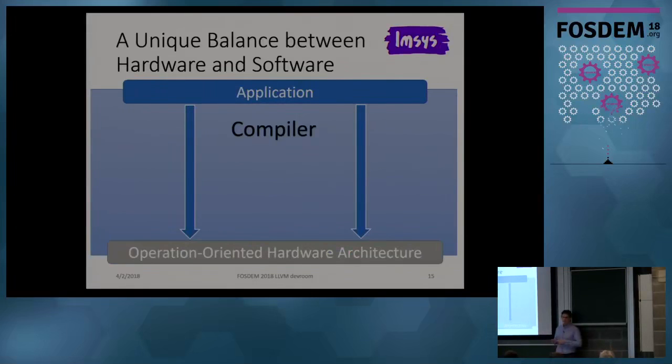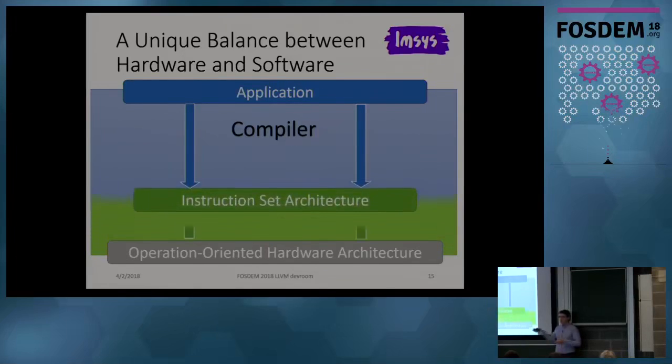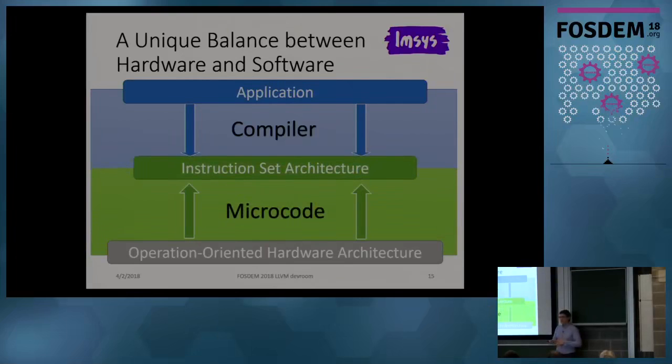But if you think about an operation-oriented hardware architecture, the microcode supports us to lift the instruction set architecture from the hardware to a higher abstraction level. What this abstraction possibility gives us is that we can implement domain-specific operations, like I mentioned, FFT, encryption, and whatever. And it also provides us with the possibility to have a rich and balanced ISA which the compiler can target.